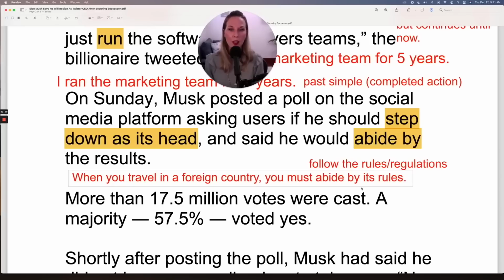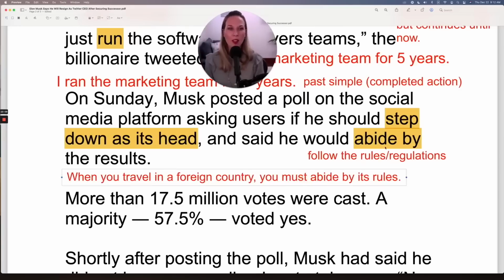It being the country you're traveling to. So if you go to the US, you have to follow the traffic rules and all the other rules and regulations. You have to abide by, so to follow. Abide by, it's a more formal phrasal verb.